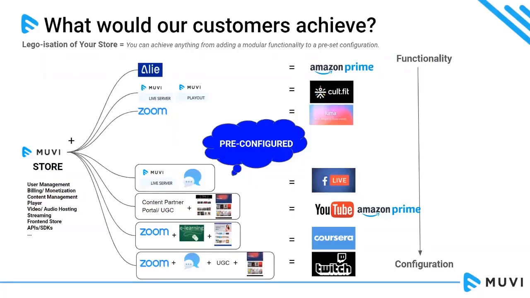So all you have to do is again choose a template which makes it look like YouTube, enable certain movie features on your movie store through a marketplace like content partner portal, which is an administrative portal for your content partners with specific rights you want to give, and it's all up to you to decide and configure.